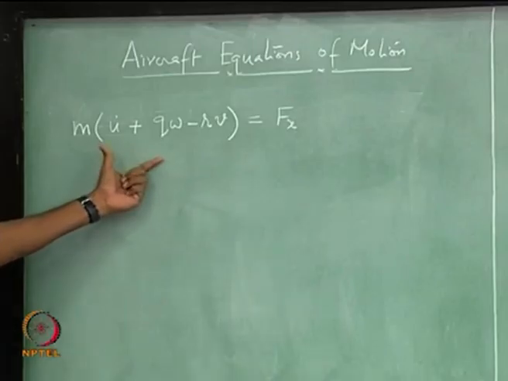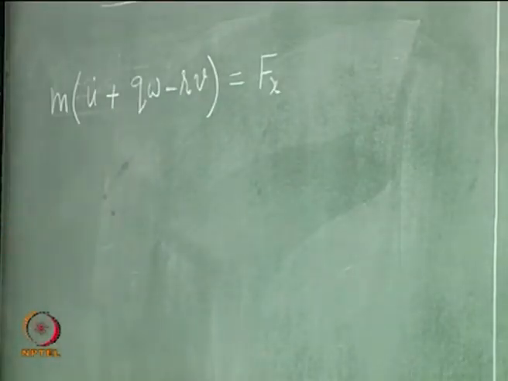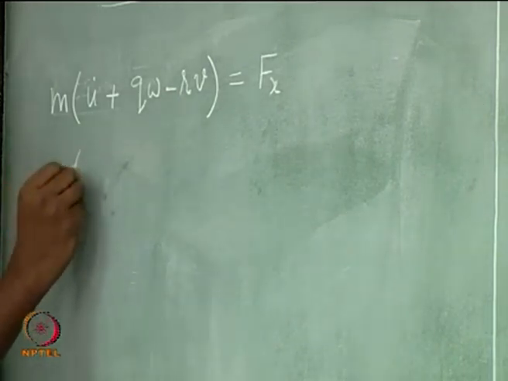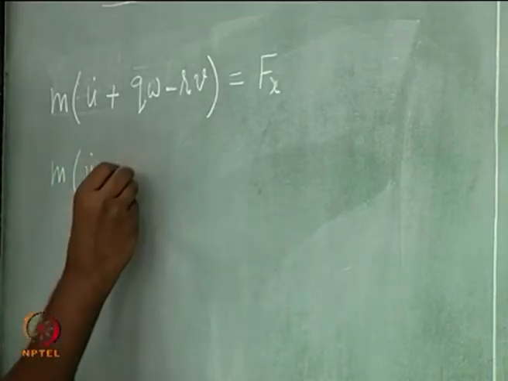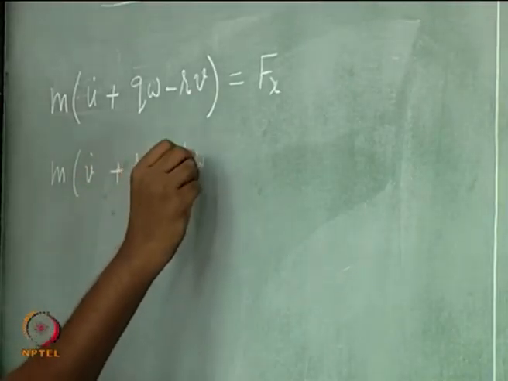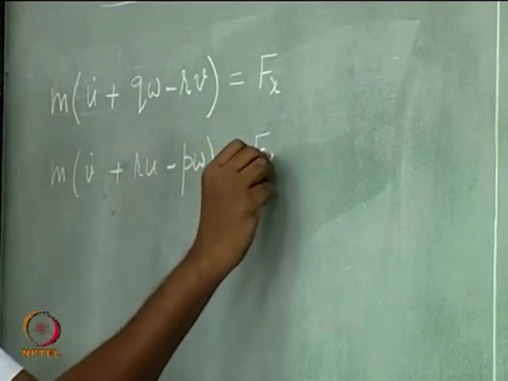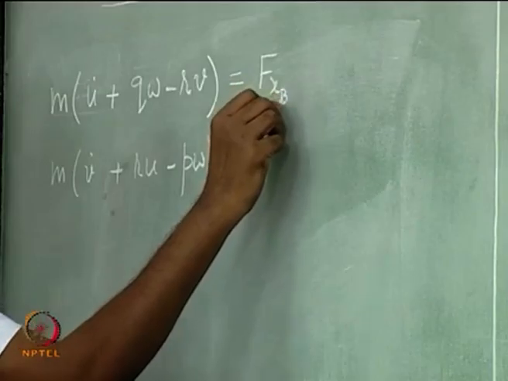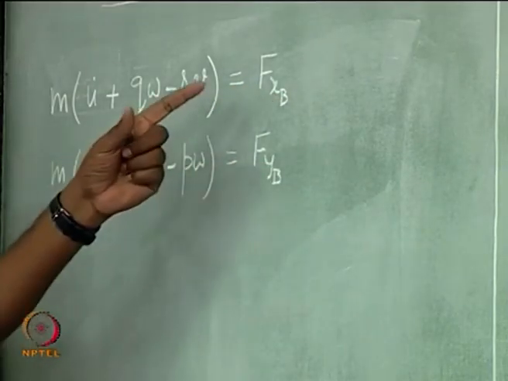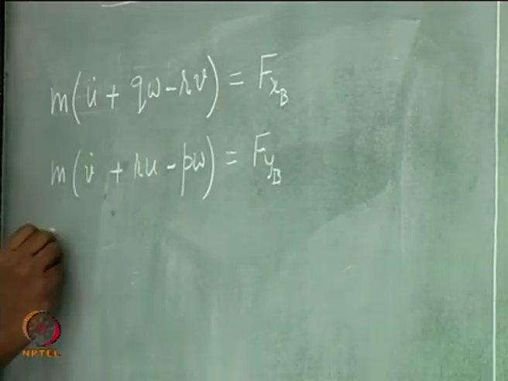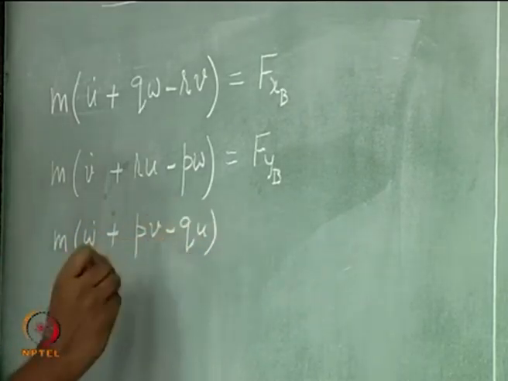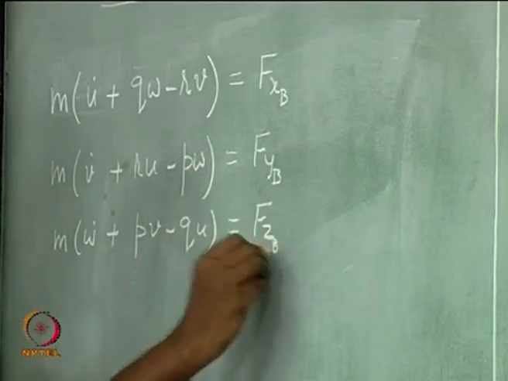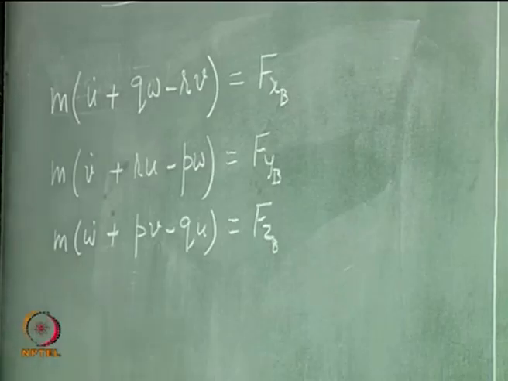This is what is going to give you this. So, I will put a subscript B here to indicate that these forces are along aircraft fixed axis. Right. So, we have 3 force equations.